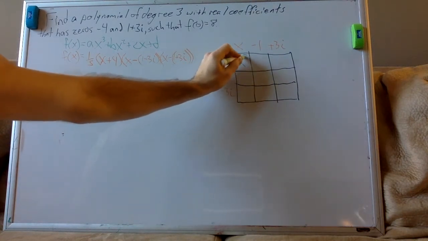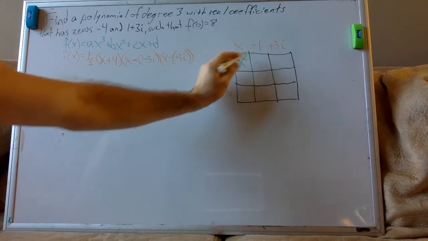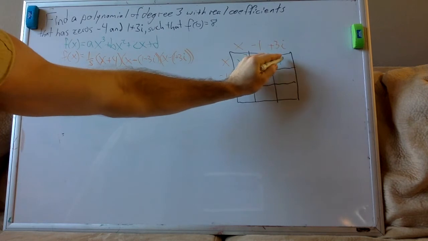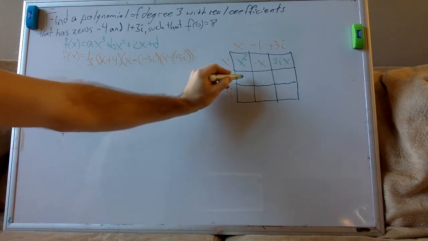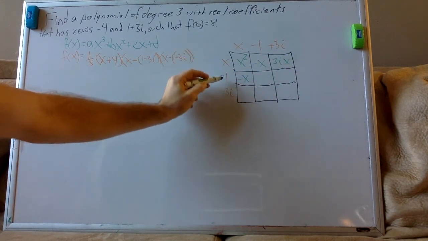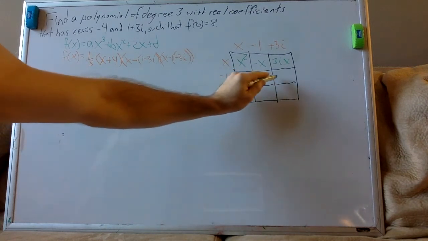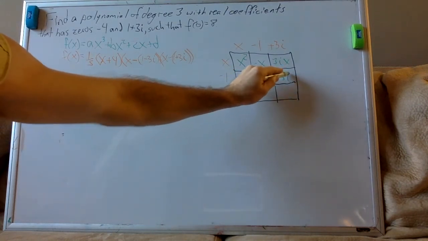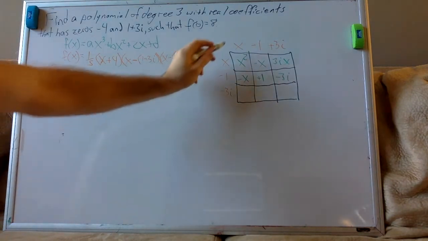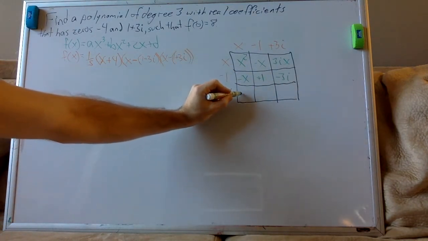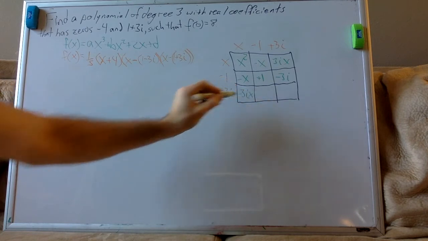So I've got x times x, that's x squared. Here I have negative 1 times x, so negative x. Here I have 3ix. Here I have a negative x. Here I have negative 1 times negative 1. Here I have negative 1 times 3i. And here I have x times negative 3i, so negative 3ix.